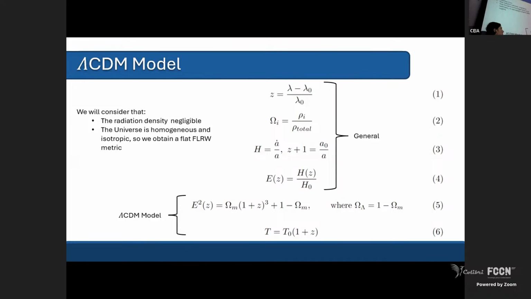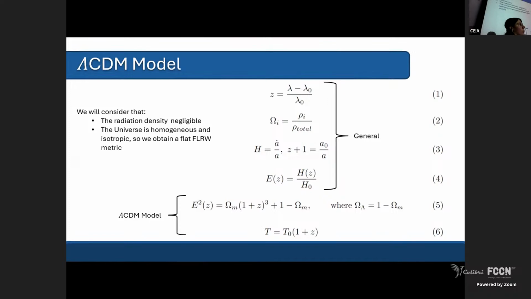Just to clear some things here. First, this is called the Hubble parameter, and it measures how the universe is accelerating, because a is the scale factor. You can see here it's calculated with the redshift also. The Hubble parameter tells us how the universe is expanding, accelerating or decelerating.